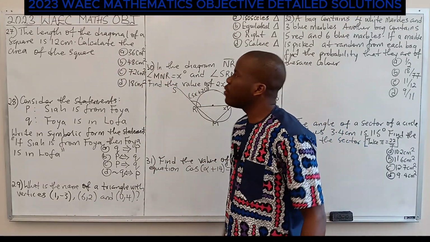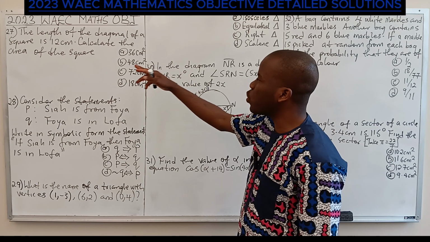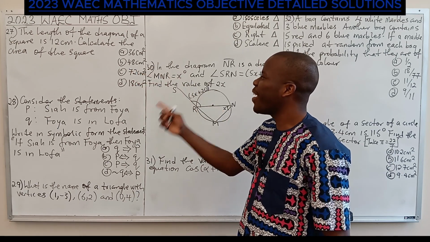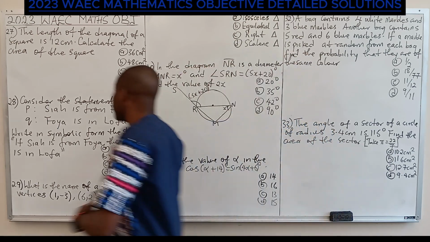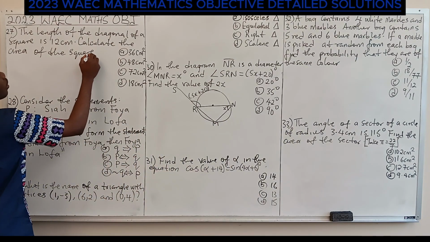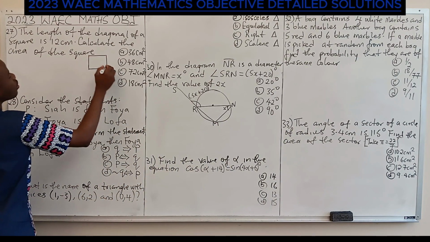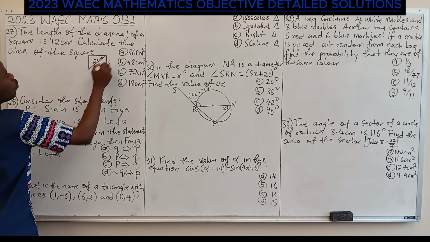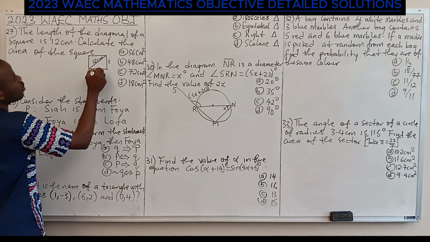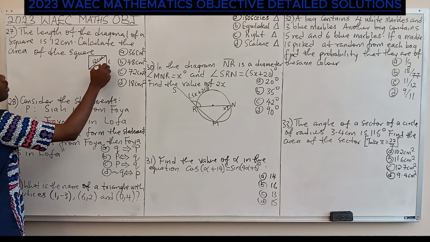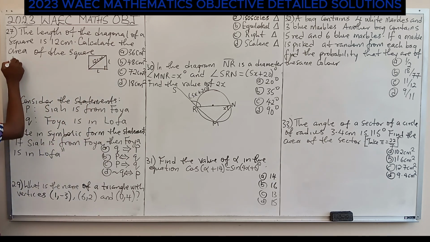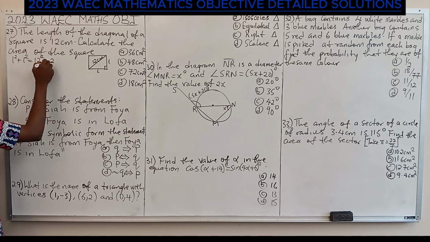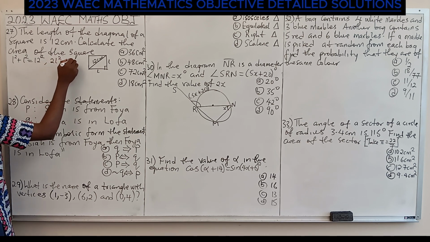Question 27 says the length of the diagonal of a square is 12 cm. Calculate the area of the square. So if this is the square, the diagonal is 12 cm. You know a square has all sides equal. Here is L, here is L. From Pythagoras theorem, we know that L square plus L square equals 12 square, which is 144. And L square plus L square is 2L square equals 144.